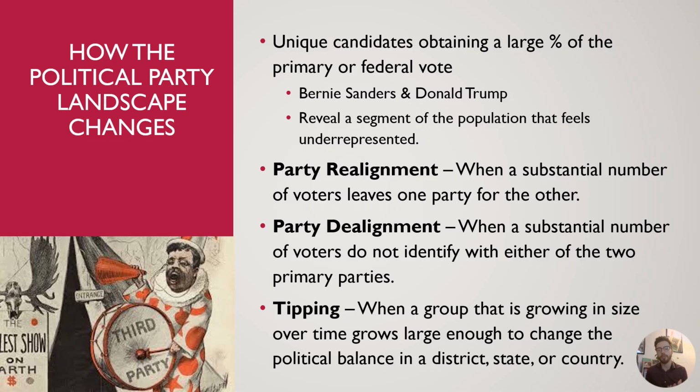We see recent political candidates, especially when you look back at 2016, like Bernie Sanders and Donald Trump, representing that quite well, maintaining their allegiance within the political party systems while still shifting the landscape of the political party and the voters who identify with them, revealing segments of the population that were previously disenfranchised, not feeling like they were adequately represented by the status quo of either of the two parties.